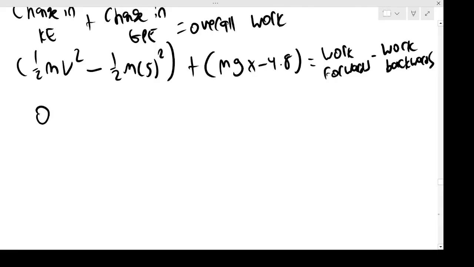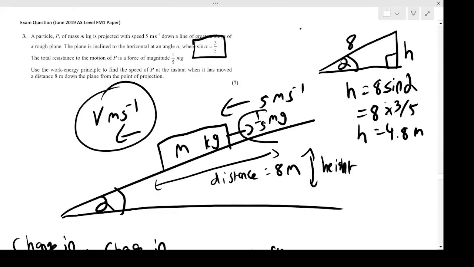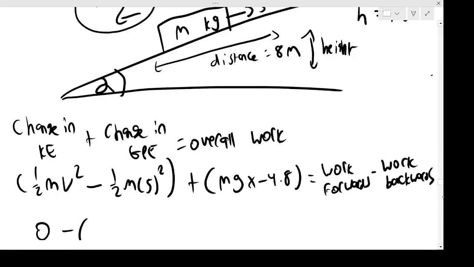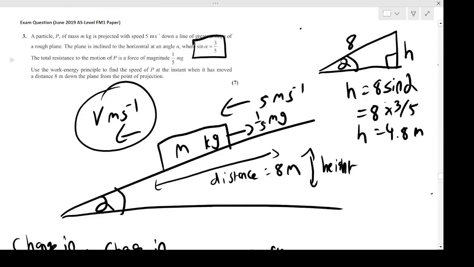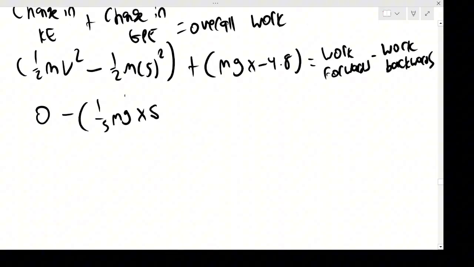So it's going to be 0, take away the work backwards. We do have a resistance force acting backwards to motion. So it's going to be the force, which is a fifth of mg, times the distance. The distance is 8 meters, right? There we are.